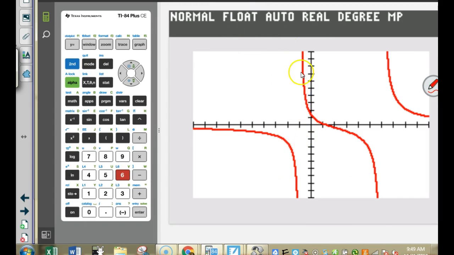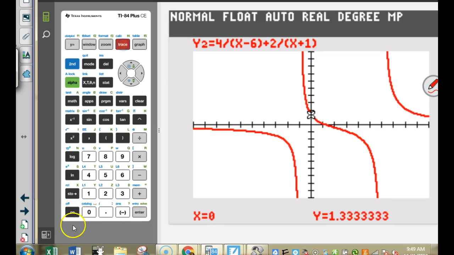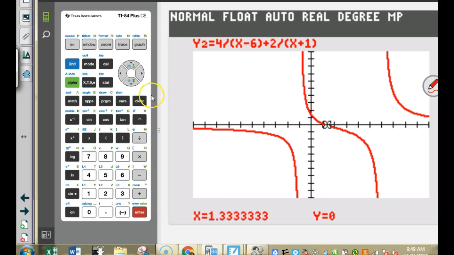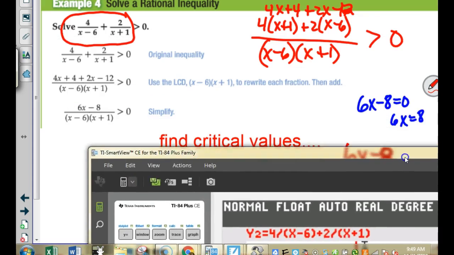Then we have from -1 until 4/3. What was it doing from -1 until 4/3 here? Well, if I put in a 0, it's positive. If I put in a 1, it's positive. If I go a little bit past 4/3, then it becomes negative.